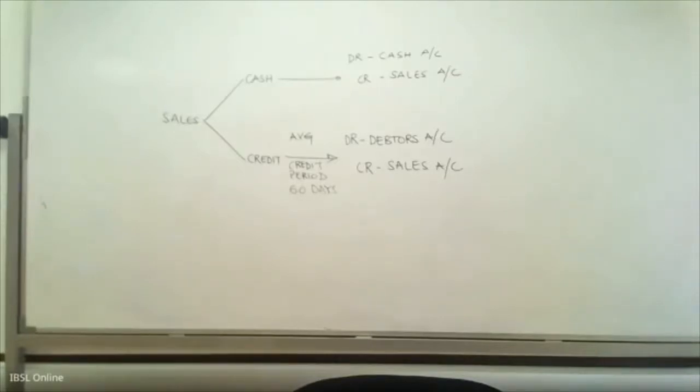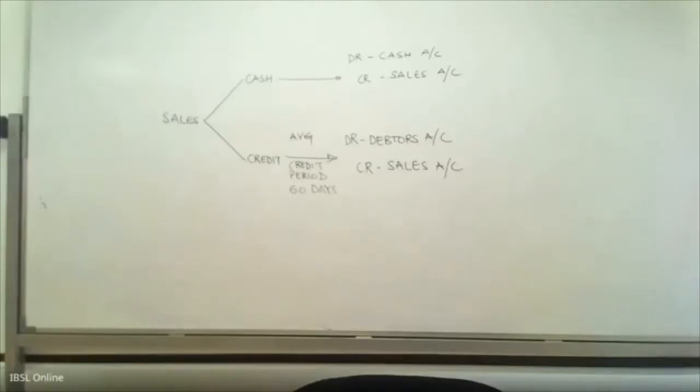Because you have credited sales, but you are holding that amount of sales that you have done to this person under debtors. It is not cash, still it is in debtors. Now this amount that you have put in debtors was lying for about 30 days and you have given a credit period of 60 days.